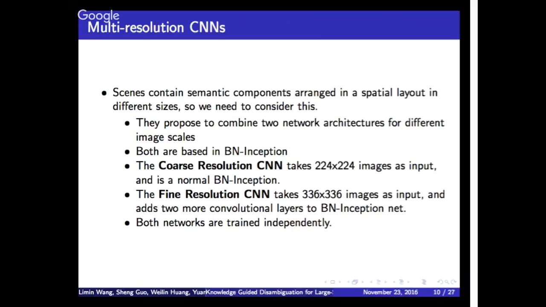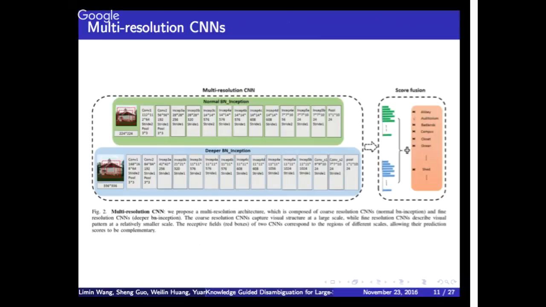They were trained independently, and the outputs were combined. Here are the architectures. This is a normal GoogleNet with batch normalization, and the second one, as I said, has two more convolutional layers.